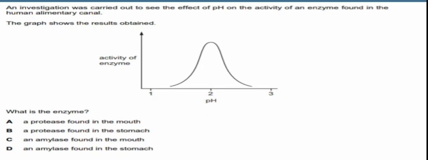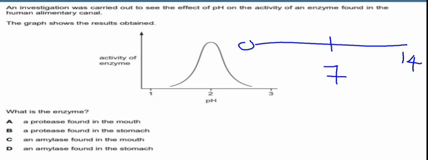Now the pH of a substance is measured by using the pH scale. And usually the pH scale ranges from 0 up to 14. And the pH of 7 is called neutral. And the pH of 0 up to 6.9 is called acidic pH. Meaning, this side here is the side for the acidic.